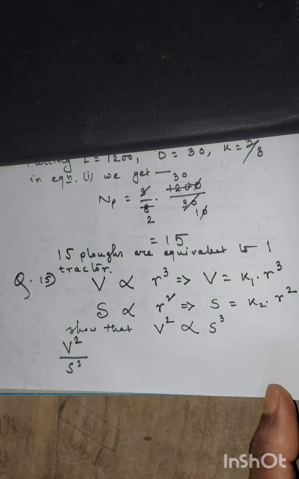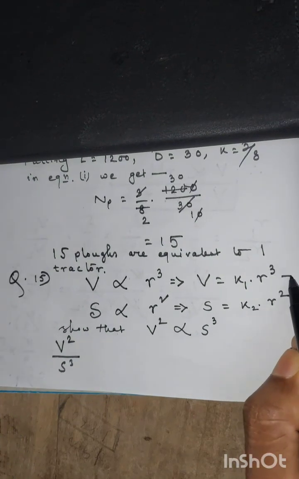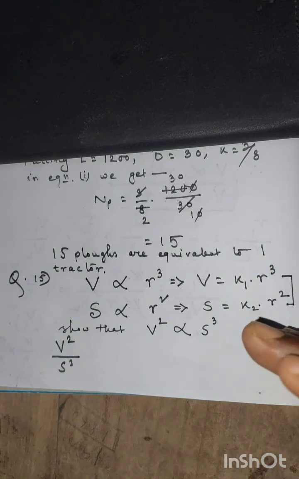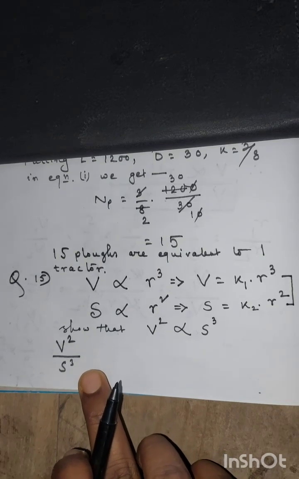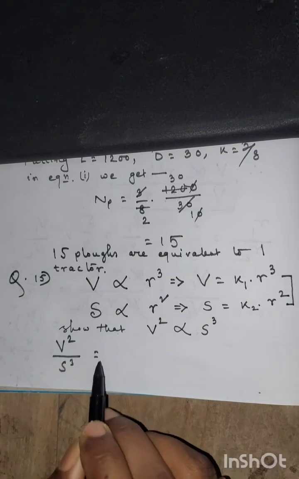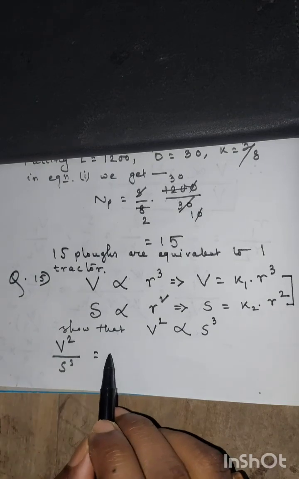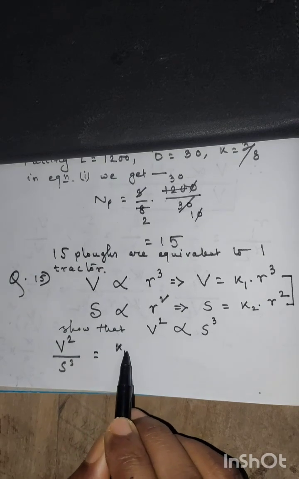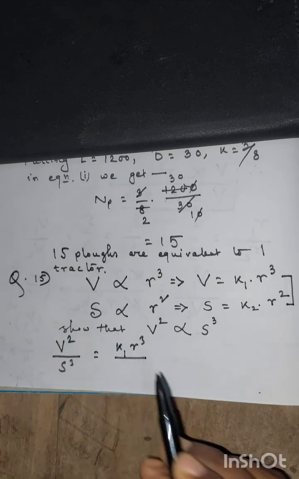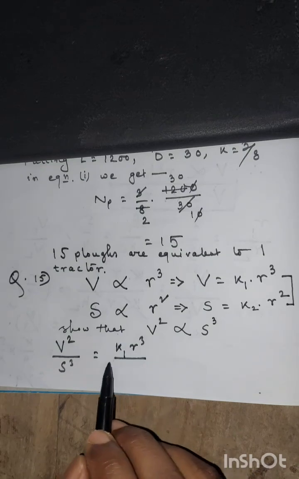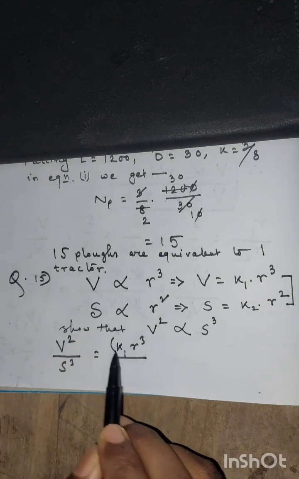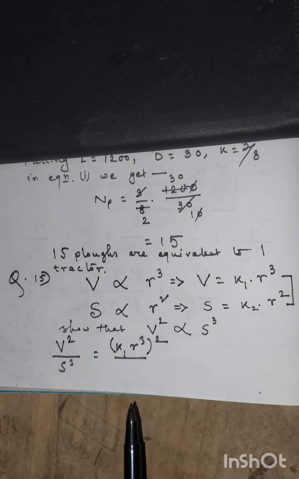Now if we use these two values and put them in this expression, we get (k1 r cube) square by (k2 r square) cube.